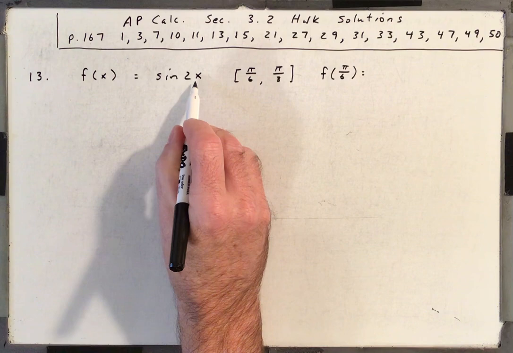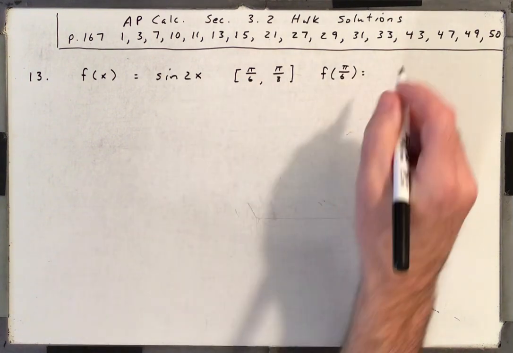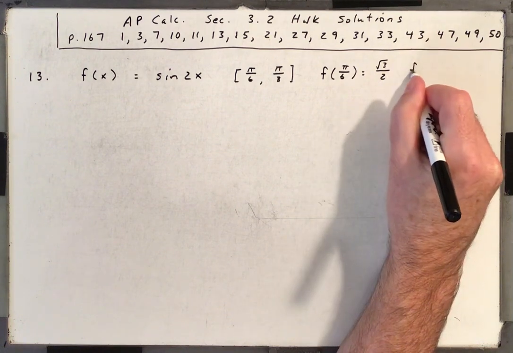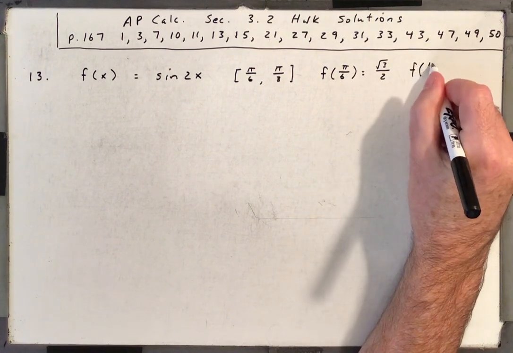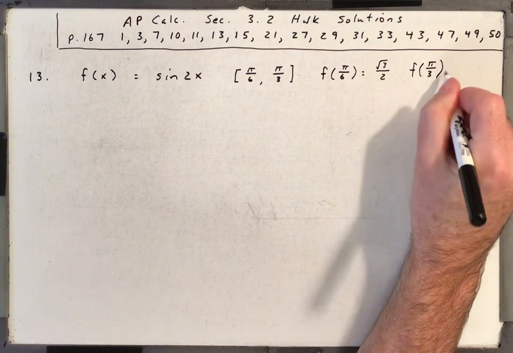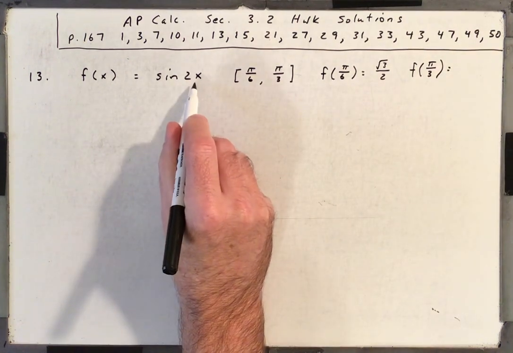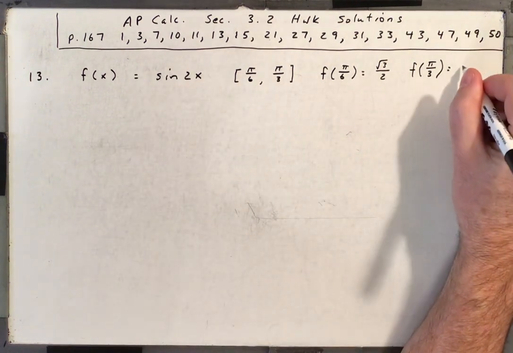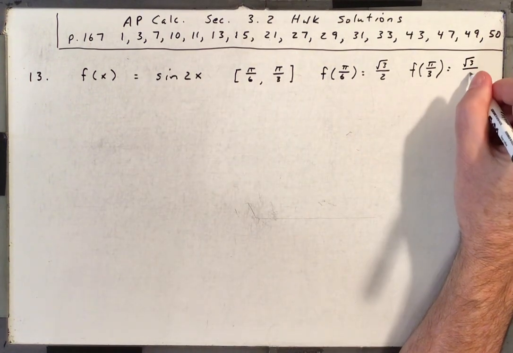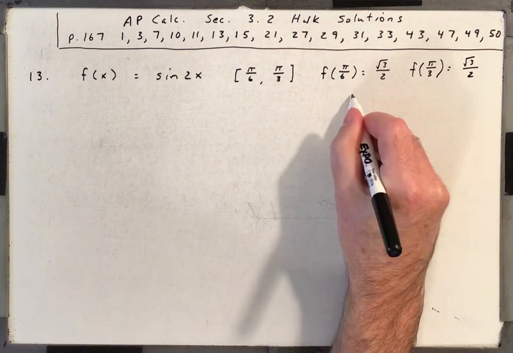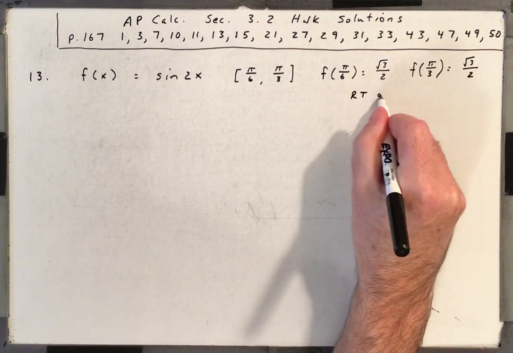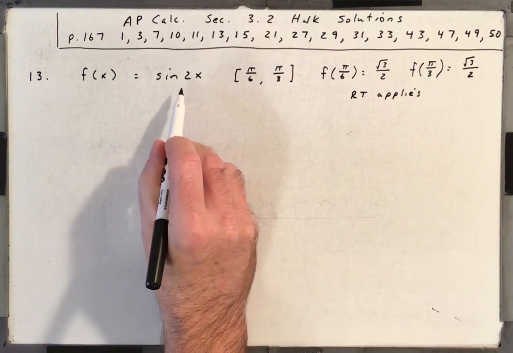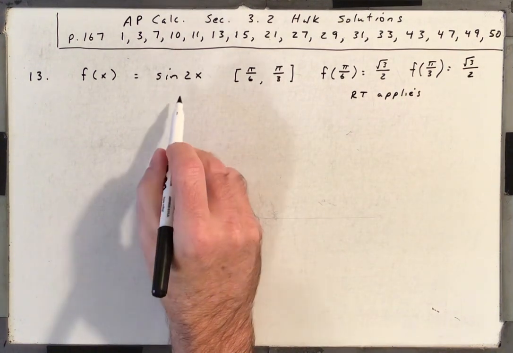The sine of pi over 3 is the square root of 3 over 2. And f of pi over 3, if we plug pi over 3 in, that'd be 2 pi over 3. If you look at the unit circle, the sine of 2 pi over 3 is also the square root of 3 over 2. So Rolle's theorem does indeed apply, because the sine of 2x is just a sine wave and doesn't have a place where it's undefined.